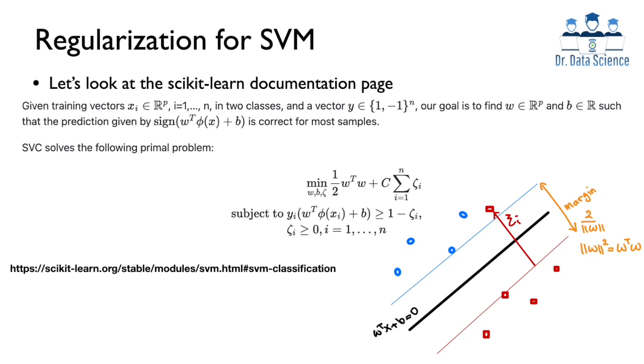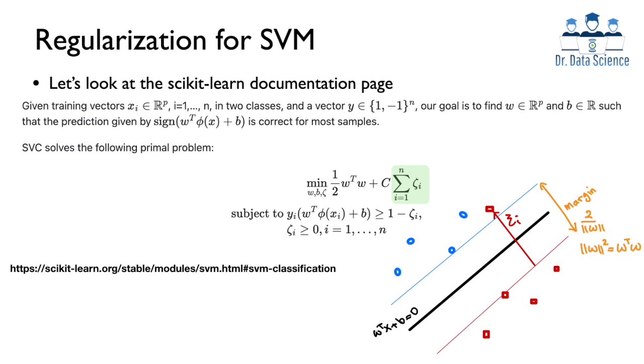similar to alpha. But what I want to explain here is whether C is proportional or inversely proportional to the amount of regularization. So if you look at what we have here, because C is multiplied by the errors, this means that if C is very close to 0, then we don't really put much emphasis on how much error we have.